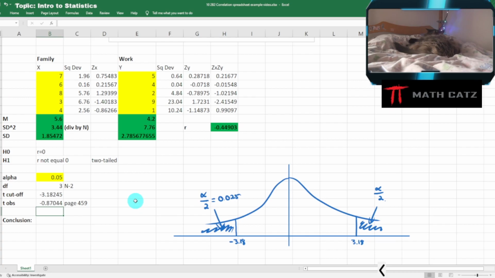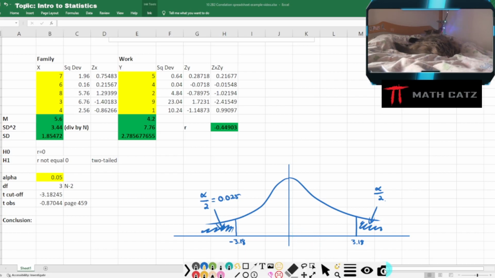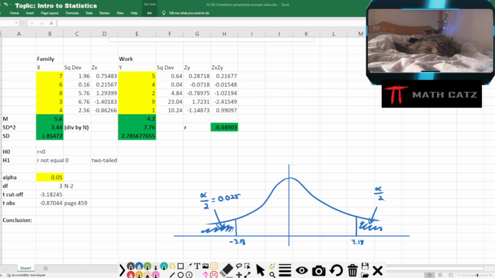Not that that 7 really matters because I'm far away from the cutoff. Let's make it red. So I'm way over here somewhere. Negative 0.87. So that shows that even though I thought this correlation coefficient was substantial, in the grand scheme of all the correlation coefficients I could have gotten, it's really not very extreme.